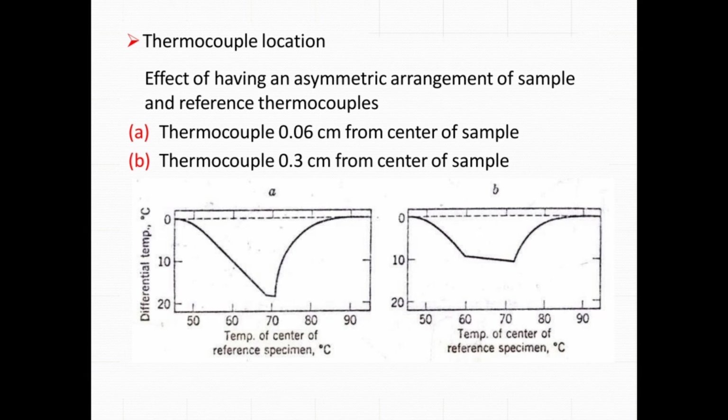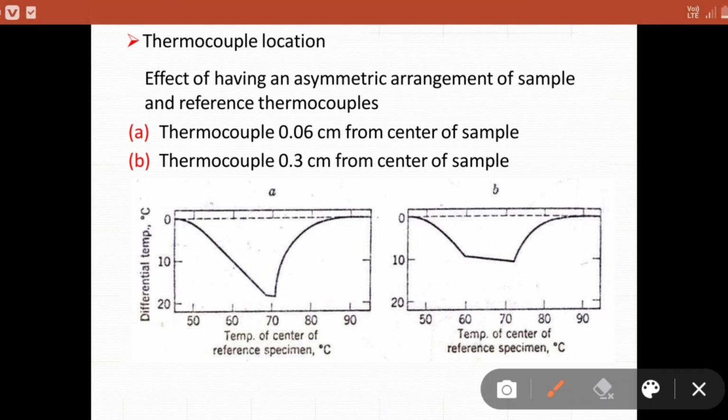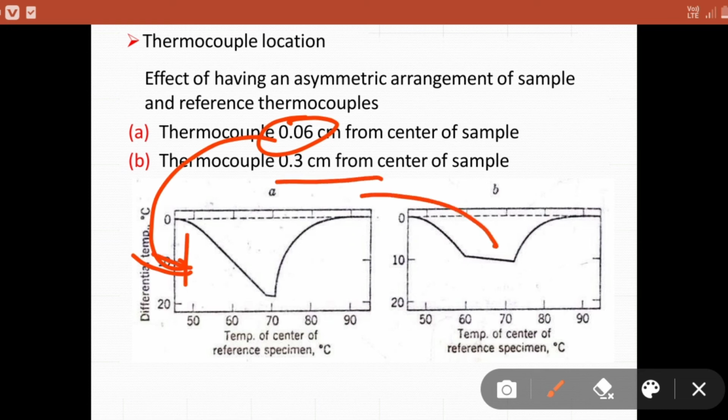Thermocouple placed at 0.06 centimeter from the center of the sample and at 0.3. The distance variation: if it is placed at 0.3, it was observed to be like this. Here there is quite a variation, and a sharp peak was not obtained. Therefore, the position should be placed properly.